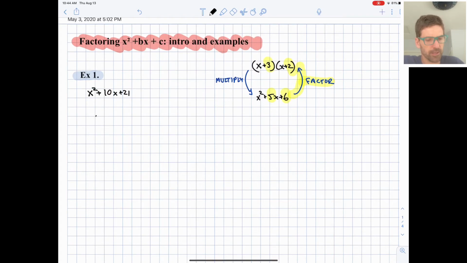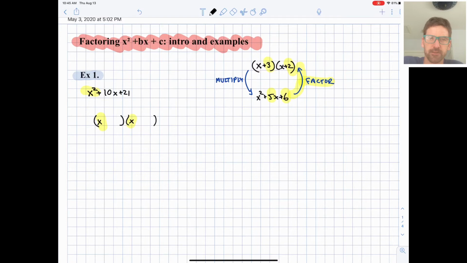So we are looking for two binomials whose product is x squared plus 10x plus 21. First, I like to throw in my x's, and remember the F part of foiling is the first two terms, x times x, which gives us x squared. Then I always like to look at the 21 next.